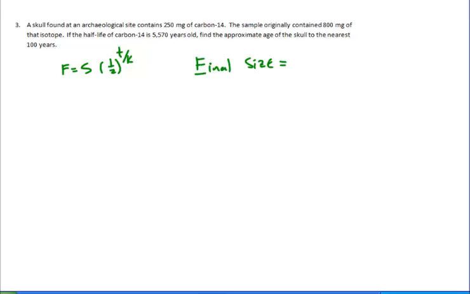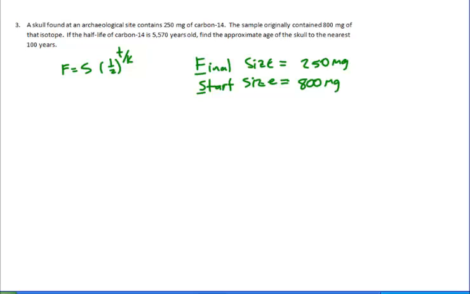F is the final size of our sample. In this particular problem, the skull found at an archaeological site contains 250 milligrams. That's our final sample. The S is the start size, and they're telling us that the sample was originally 800 milligrams.